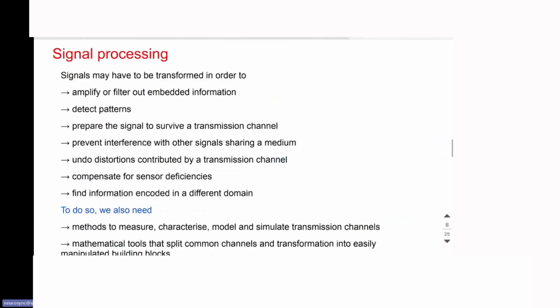Now, basically, we are doing the processing. We will do some process on these signals. In signal processing, we have to transform the signal. So, what kind of processes are there?